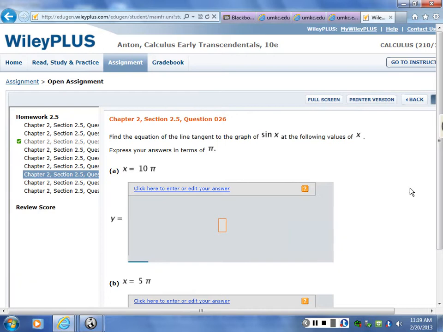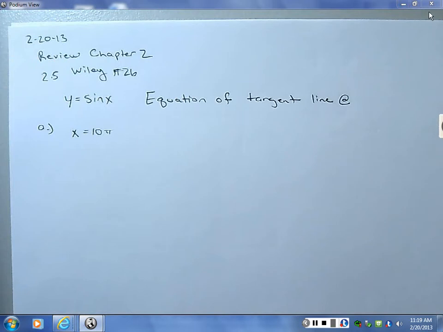So we have y equals sine of x, and we want to find the equation of the tangent line at part A, x equals 10 pi. My pen's somewhat dying on me.